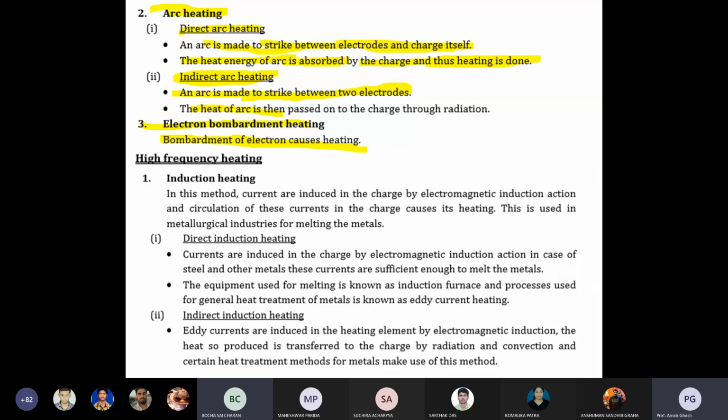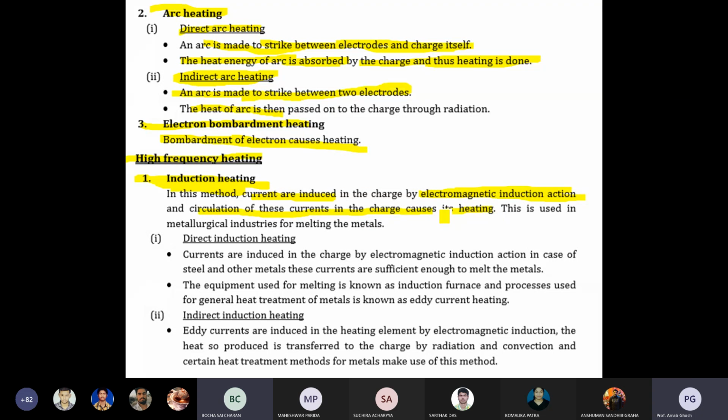Now we can talk about high frequency heating. In high frequency heating, the first one is induction heating. In this method, currents are induced in the charge by electromagnetic induction action, and circulation of this current in the charge causes its heating.